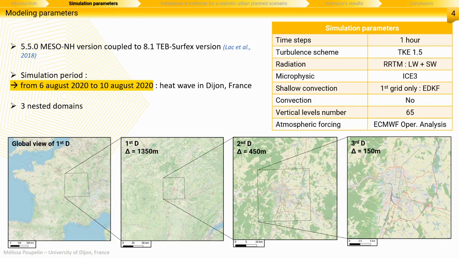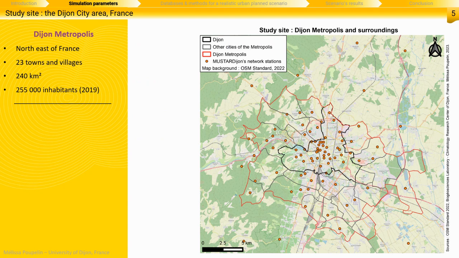So what you need to know about it is that we work with a realistic case over the 2020 heat wave that we had in Dijon from the 6th to the 10th of August. And we work with three nested domains. The last one, the simulation domain, is at a 150 meters resolution.